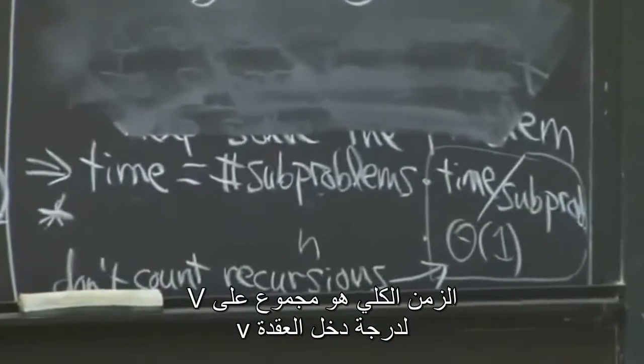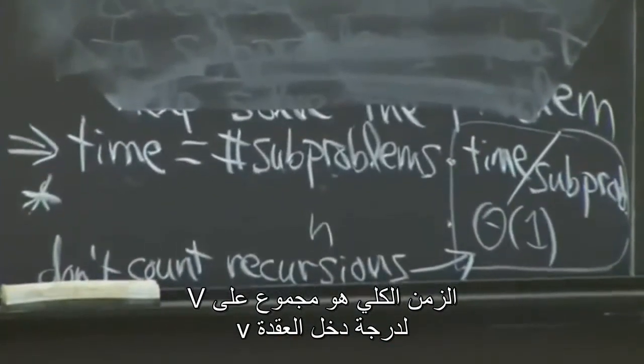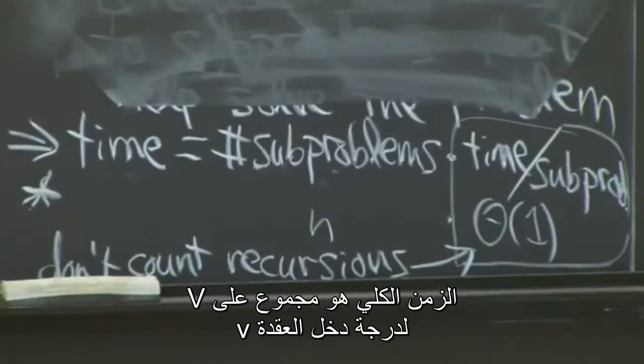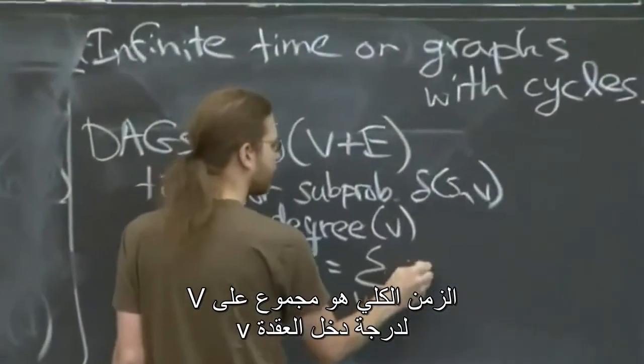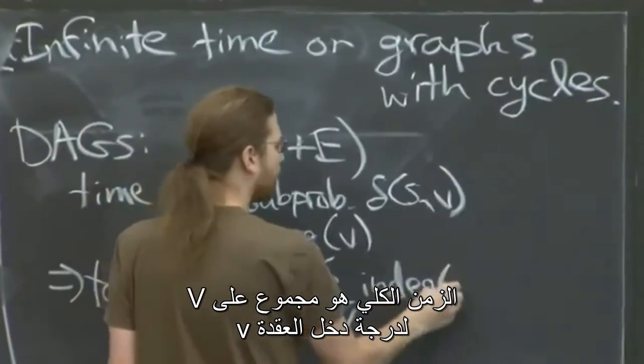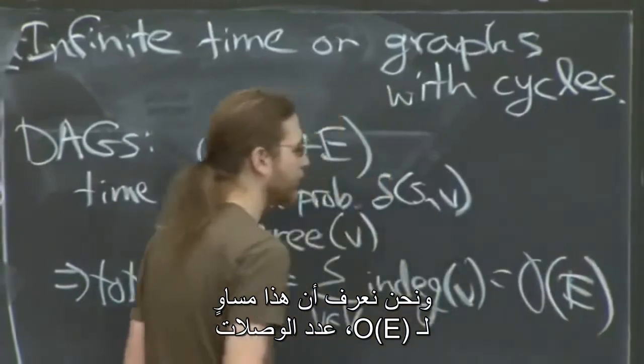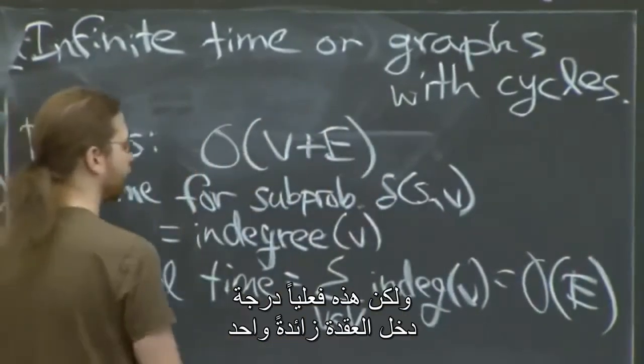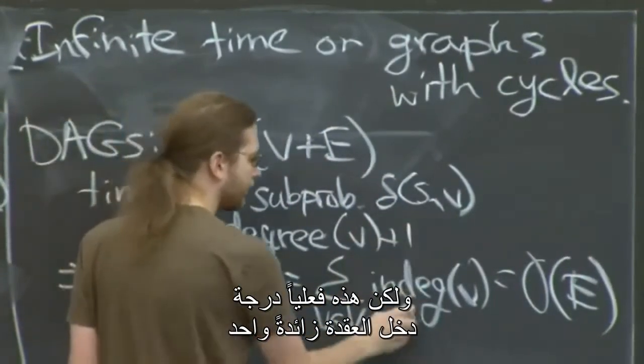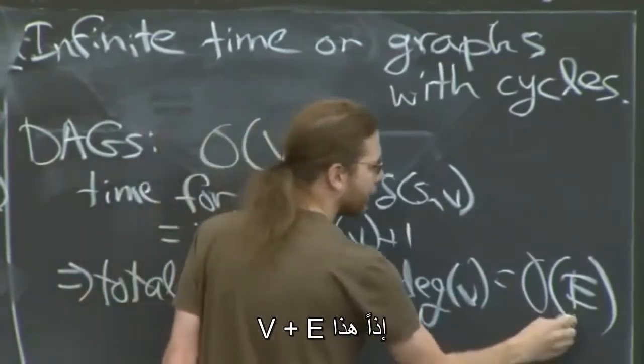So total time is the sum over all v in V of the in degree of v. And we know this is number of edges. Okay, it's really sum of in degree plus 1. So this is v plus e.